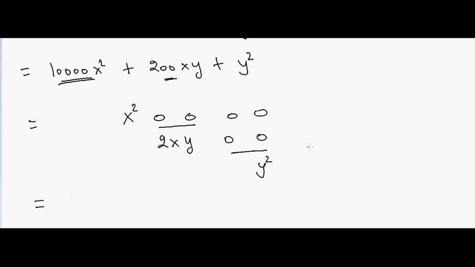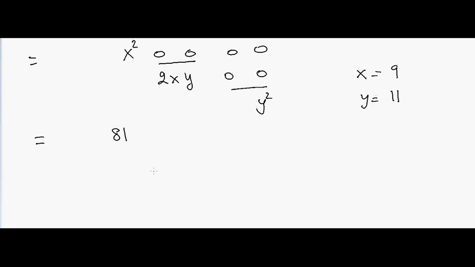So again, if I have x equal to 9 and y equal to 11, then 9 square is 81. There is no limit for x square here, right? And then we have 2xy, so 2 into 9 into 11, that will be 18 into 11, which is equal to 198.